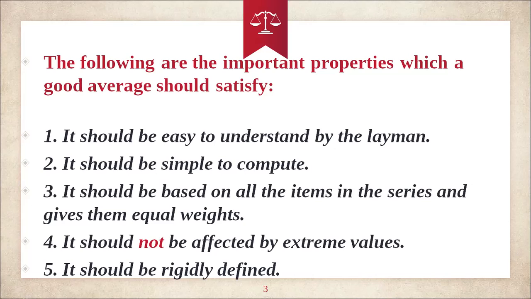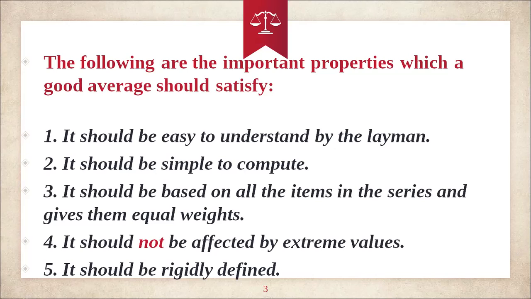Then the third property: it should be based on all the items in the series and give them equal weights. When you are estimating the average, we take all the items. We will not ignore any item in the series.